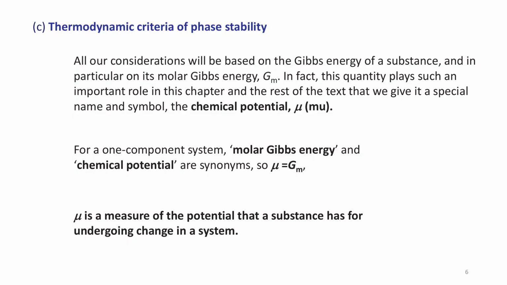It measures the escaping or transforming tendency of a substance under the prevailing conditions. At constant temperature and pressure, the stable phase is the one with the lowest chemical potential. If solid has the lowest mu, the substance tends to be solid. If liquid has the lowest, liquid is stable, and similarly for vapor.